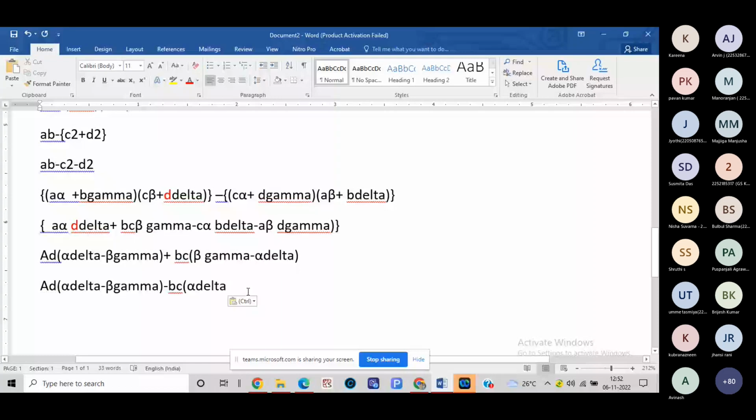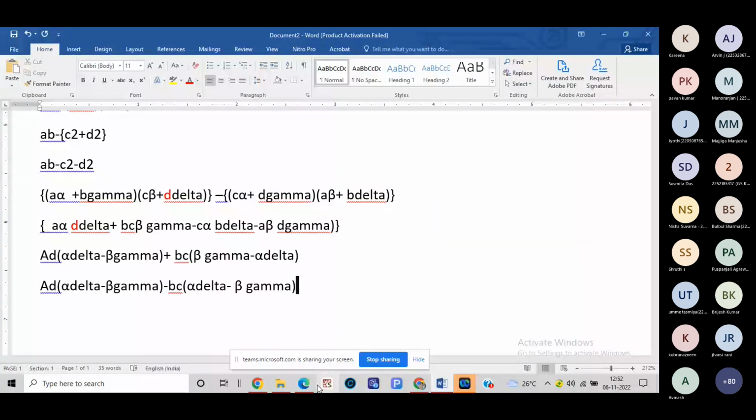Clear? Minus beta gamma. I take only the minus as the common factor outside. The plus term will be taken as a minus, the minus term will act as a plus. Because of that, I wrote plus alpha delta and minus beta gamma. If you want to write plus, you can write it for the answer. Whatever you want, you can write it.